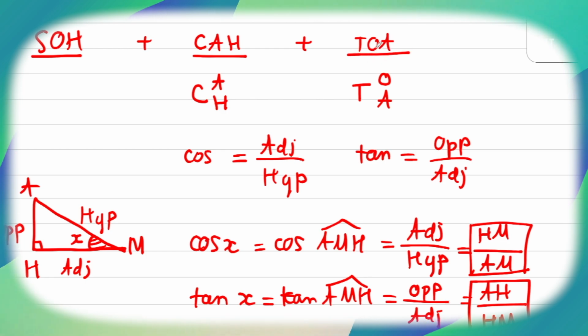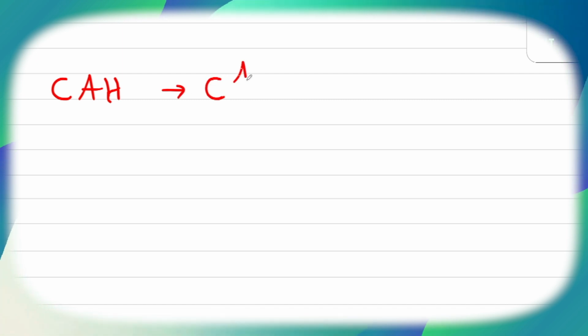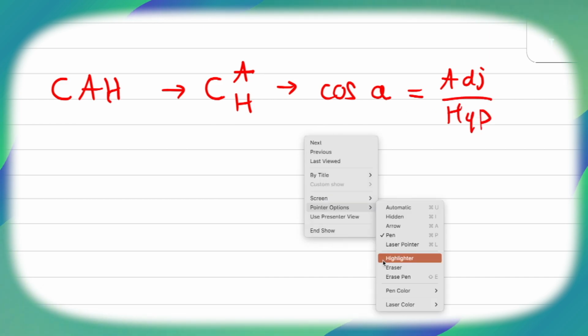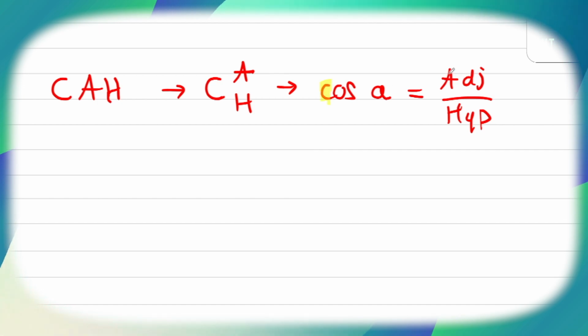Once again, I want to revise a little bit about cos. Cah presents C, and you get A over H: the cos of that angle is equal to adjacent divided by hypotenuse. Cos is presented by C, adjacent by A, and hypotenuse by H. That's why you have the Cah formula.